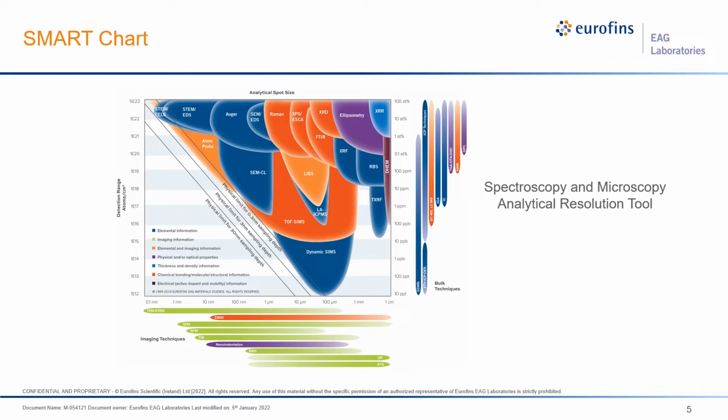Today's topic will specifically focus on the techniques for bulk composition analysis and impurity analysis, including glow discharge mass spec, which covers detection from percentage level to PPT levels, and the ICP OES-MS technique in both solution and solid sampling divisions, which covers, again, from major composition level to the PPT levels.